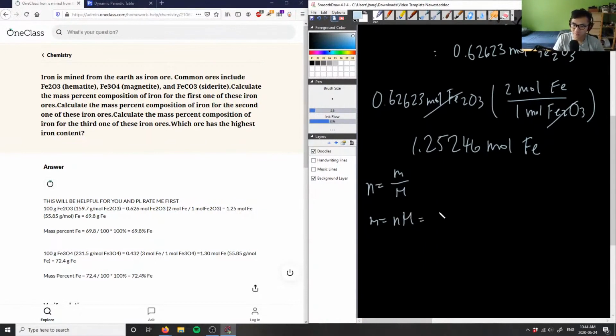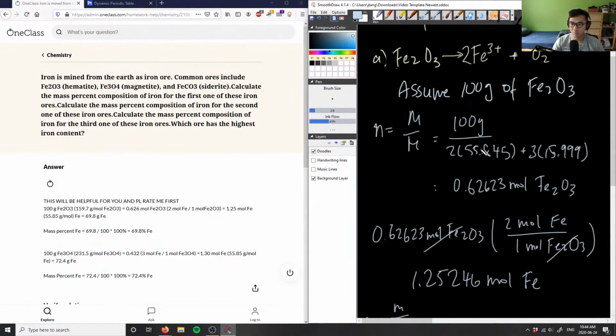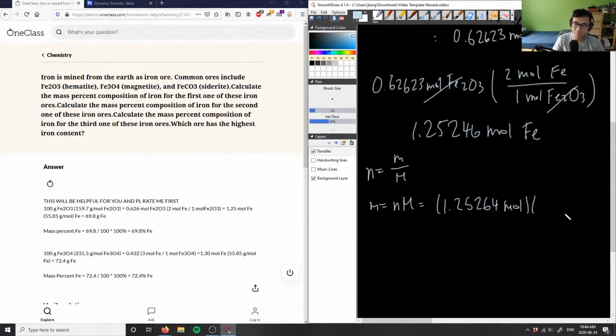So this is 1.25246 moles multiplied by the molar mass of iron, 55.845. Moles are going to cancel out and we're left with grams. Multiplying that by 55.845, we get a value of 69.94.